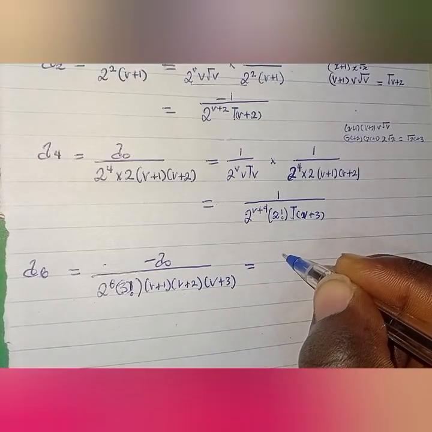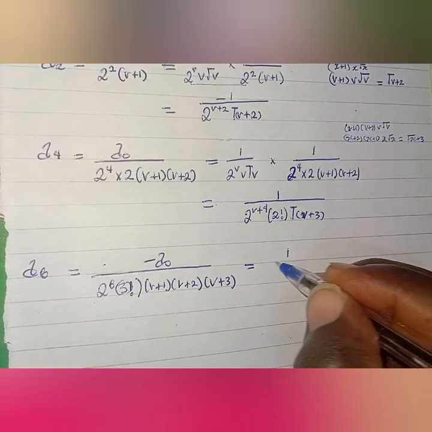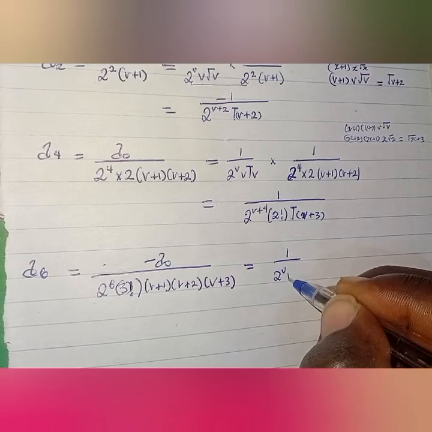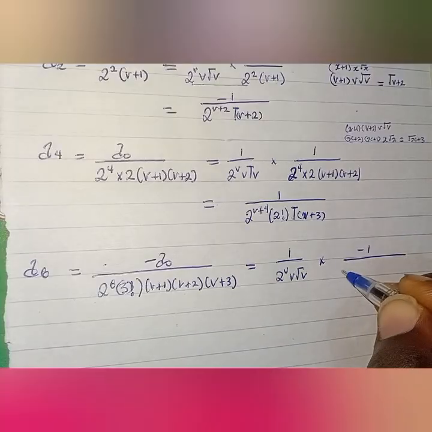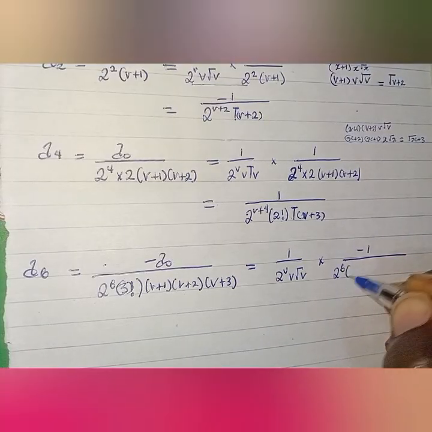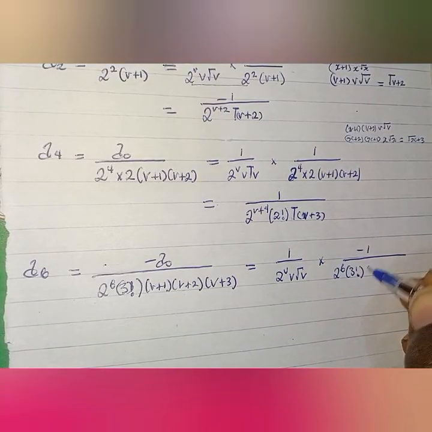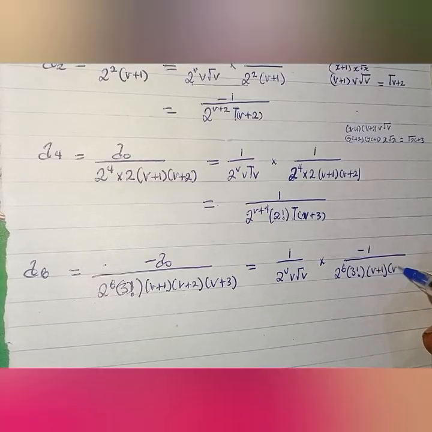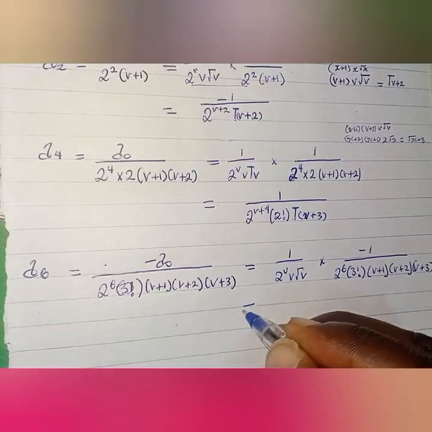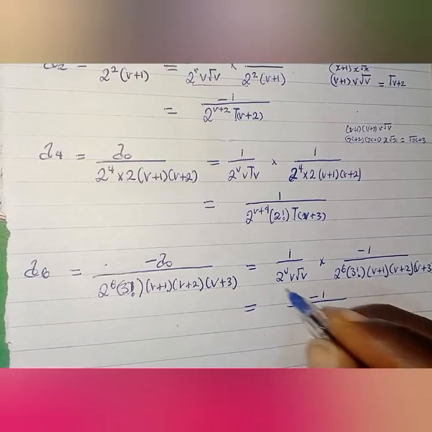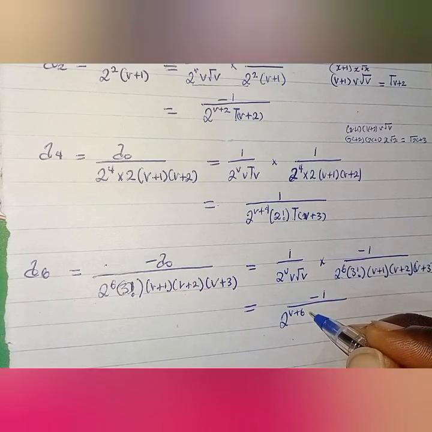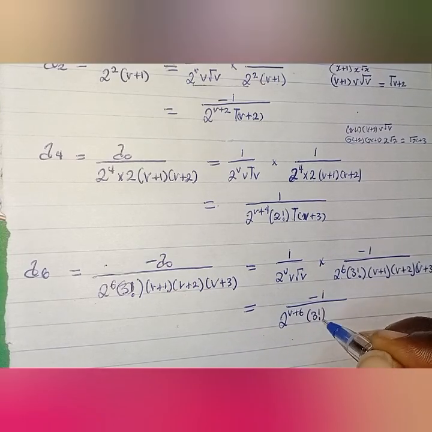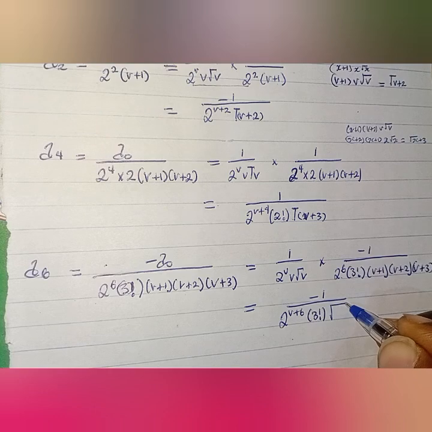If we substitute a naught, we have 1 over 2 raised power v, v gamma v multiplied by minus 1 over 2 raised power 6, 3 factorial, v plus 1, v plus 2, v plus 3. So if we do this, we're going to have minus this multiplied by, so we have 2 raised power v plus 6, then 3 factorial gamma. You can tell me the next one.